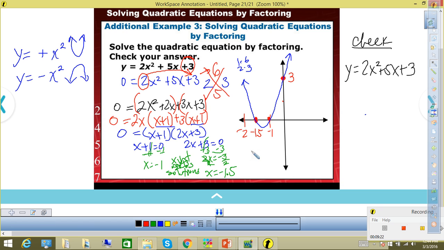The first value we're going to substitute, do you want to do -1.5 or -1? -1. All right. So what is this point right here? It's -1 comma 0. So my x value is -1 and my y value is 0. So let's substitute that in there. My y value is 0. My x is -1. Bring everything else down.